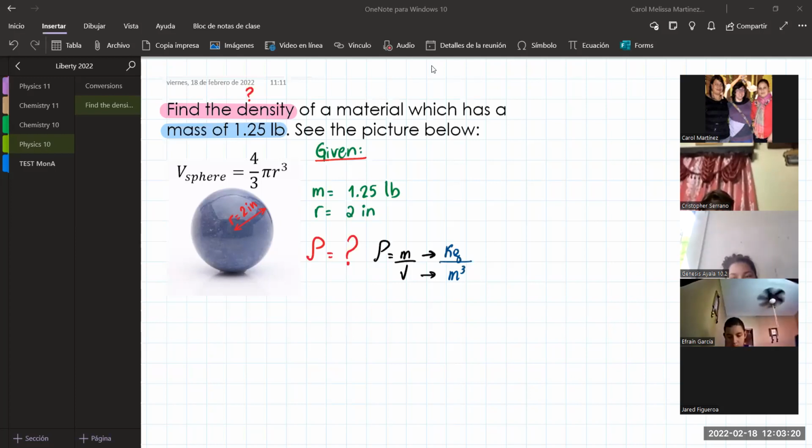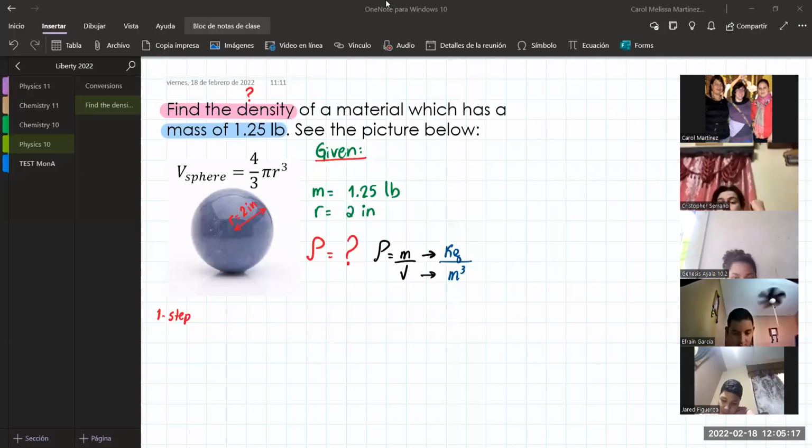Now, what should I do in my first step? In the first step, we analyze if we have to do conversions.